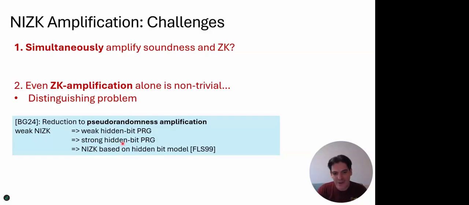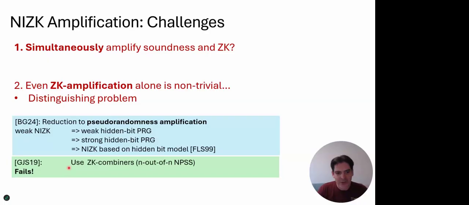And finally, they use this PRG in order to realize the hidden bit model. And then they use an off-the-shelf construction of NISQ in this model due to FLS. Note that this construction is completely independent of the original construction, right? And therefore, even if the original construction had statistical zero knowledge or succinct properties, now we lose these properties because we use this off-the-shelf NISQ.